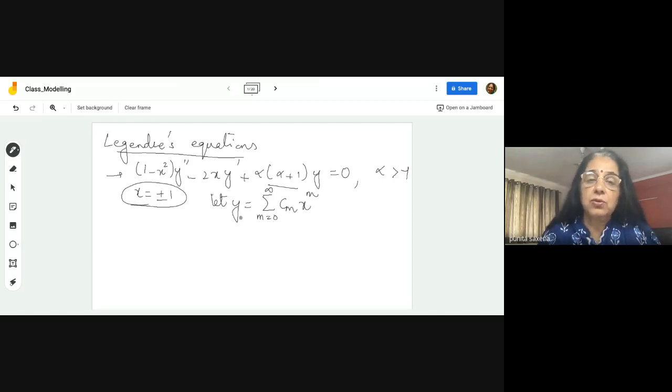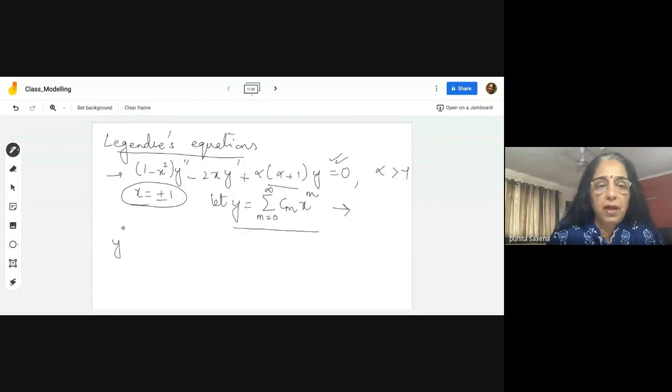So we are starting with the power series of the form y equal to summation c_m x^m, and because x equal to 0 is an ordinary point, this will be a convergent power series solution for the Legendre's differential equation. Now, if I start with this as y, my y dash, I would like you to write it in your notebooks, because this derivation is not there in the book.